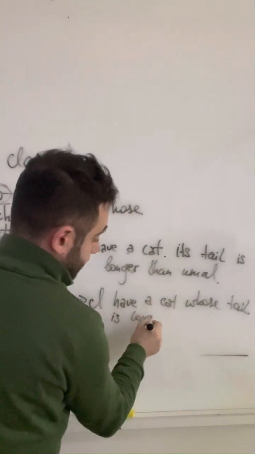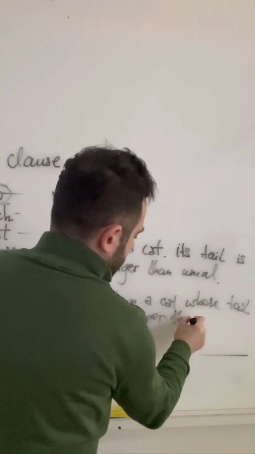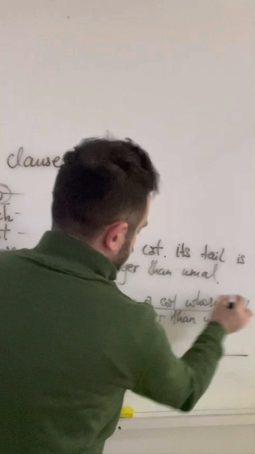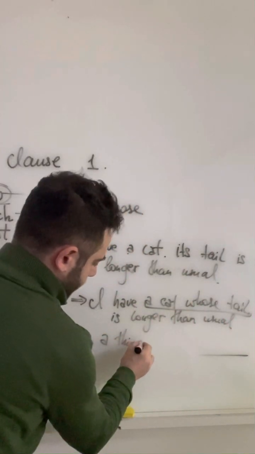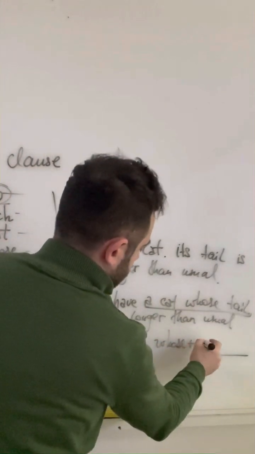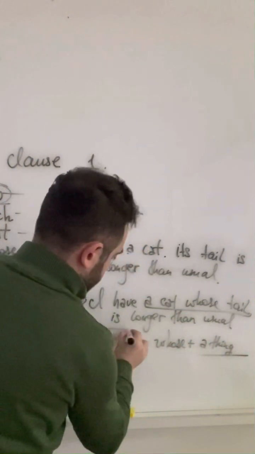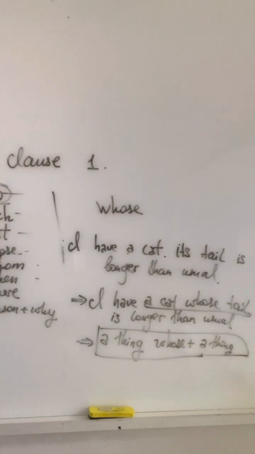The rest of the sentence is the same. The only change we make is here. That's all. You should understand. Cat whose tail. So this time it's a thing or things, the structure: whose plus a thing or things. I just wrote it in singular form, but it counts for plural too.